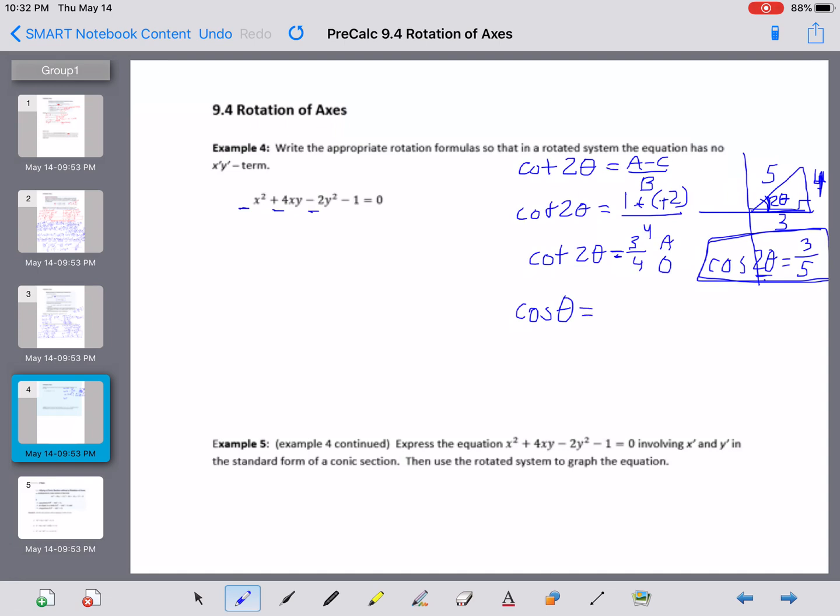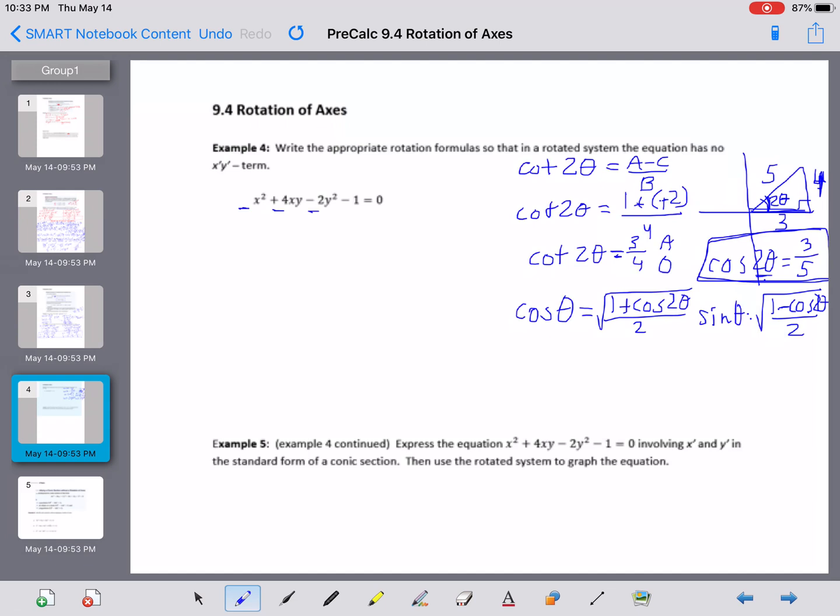And we do 1 plus cosine of 2 theta, divided by 2. And the sine of theta is going to be, I believe, 1 minus the cosine of 2 theta all over 2. This is from the half angle formulas from chapter 5.